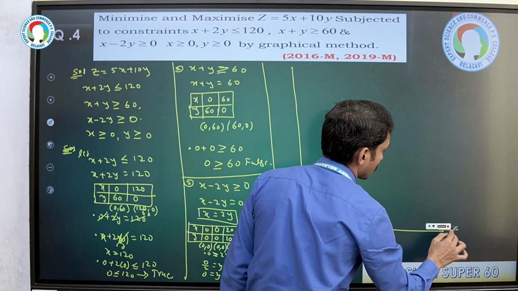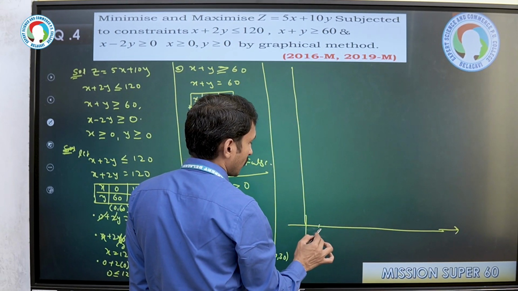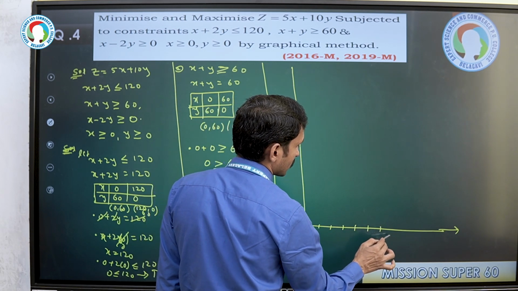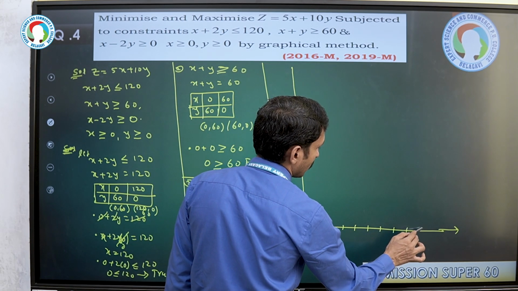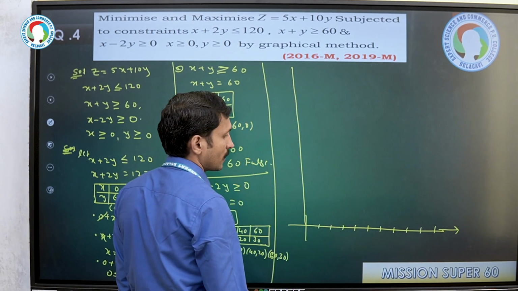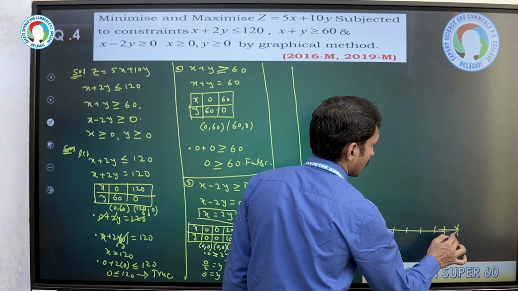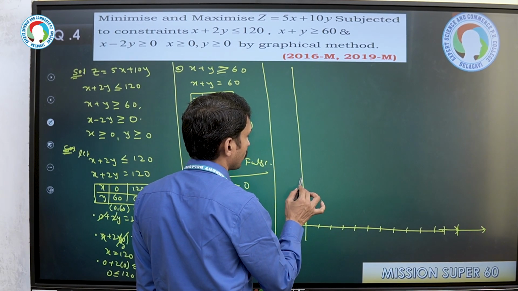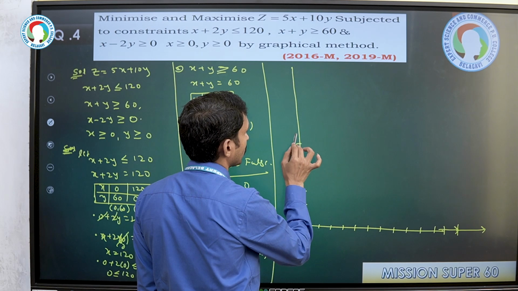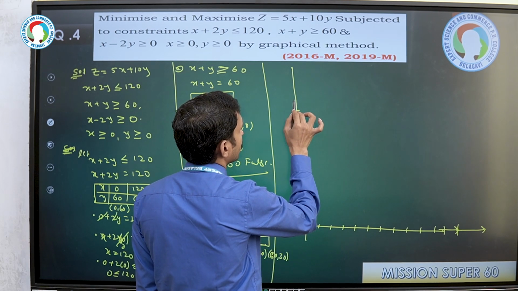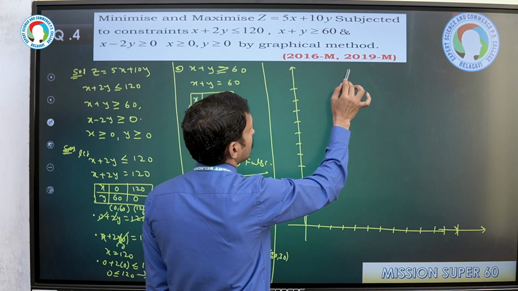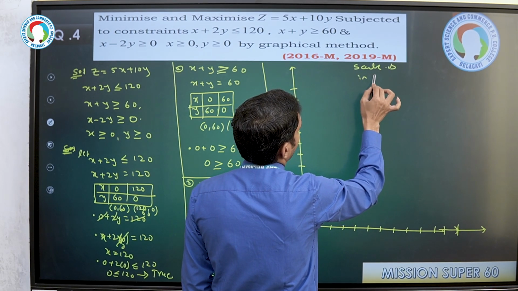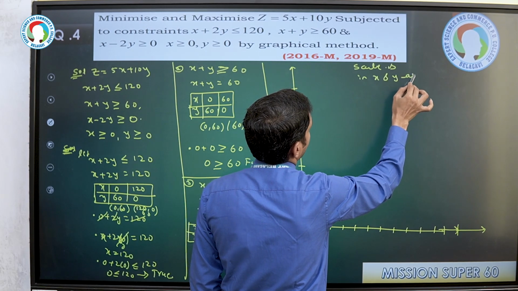Okay, so this is your graph: 10, 20, 30, 40, 50, 60, 70, 80, 90, 100, 110, 120. The scale is the same in the x and y axis.